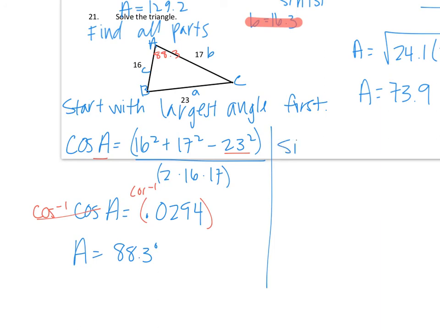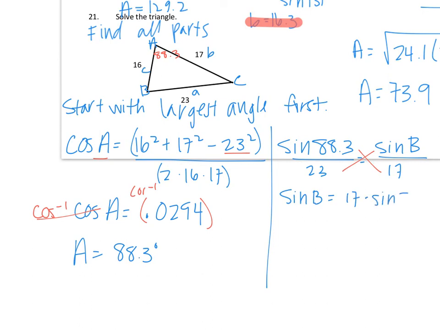So I've got sine of 88.3 over side A, 23, equals sine of B over 17. Cross multiply that up. Sine of B is 17 times sine of 88.3 divided by 23.